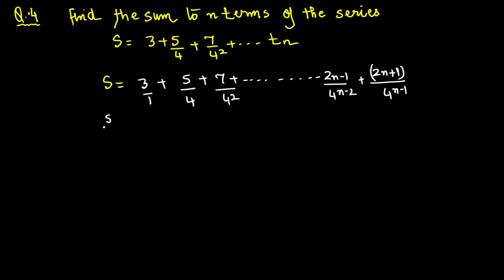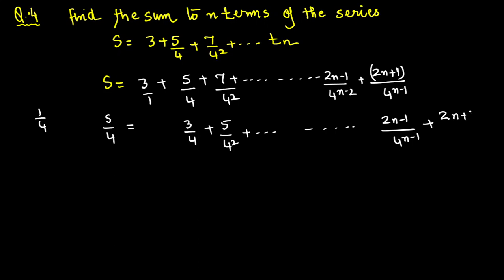So I will multiply with 1 by 4 in every term on left and right, but the right side again gets shifted. And I am writing 5 by 4 into 1 by 4, it becomes 5 by 4 square. And it keeps on coming here. 2n minus 1, when it multiplies with 1 by 4, 4 to the power n minus 1, it gets shifted. 2n plus 1 upon 4 to the power n plus 1.